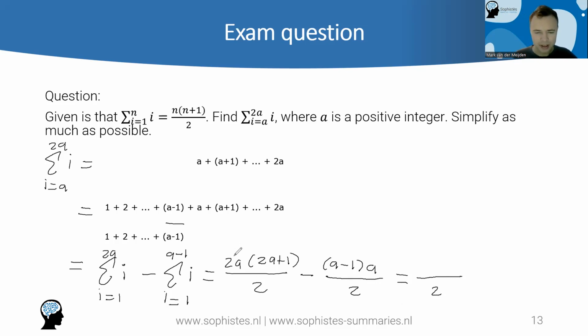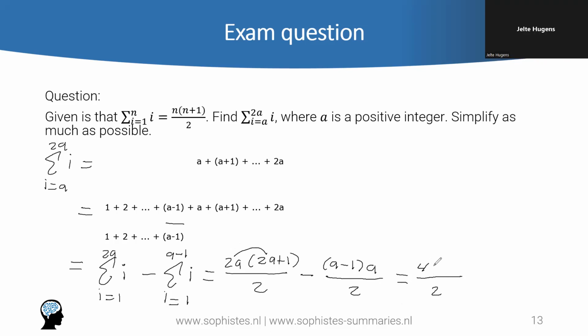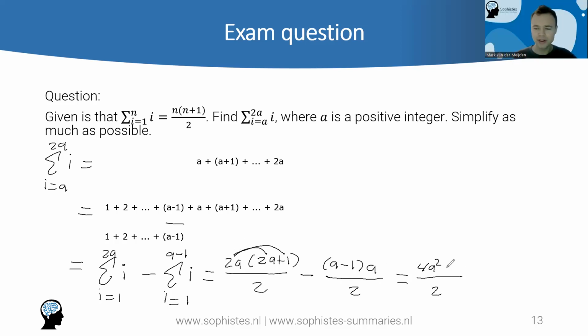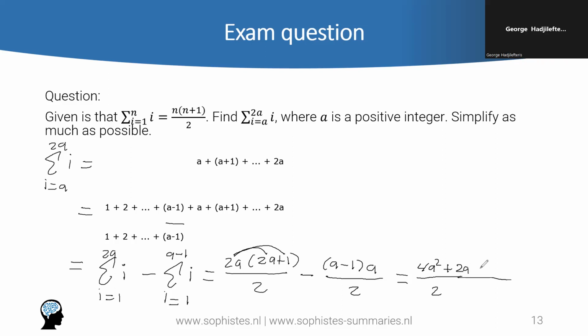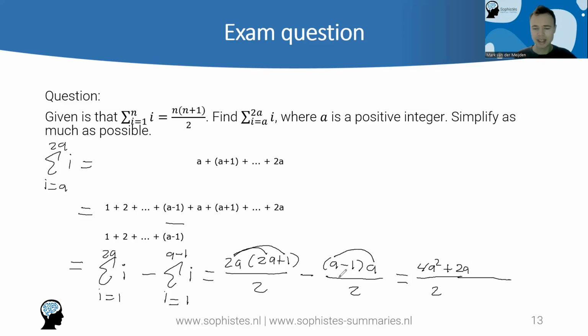Okay. So since the denominator is the same, I can put it in one single fraction. And here we go. 2a times 2a, what is that? Four a squared. Yes, very good. 2a times 1, 2a. Very good. A times a, but notice the minus: minus a squared.